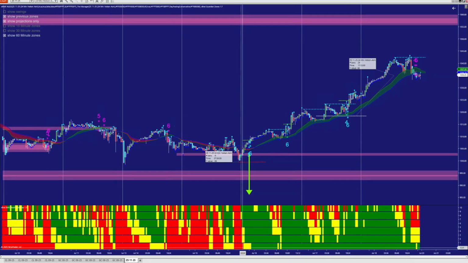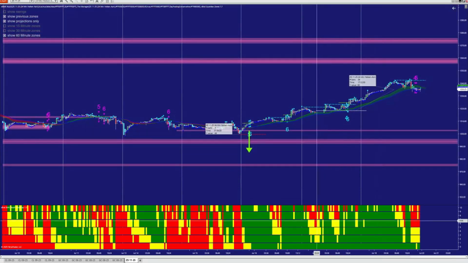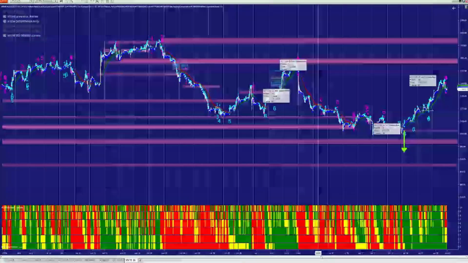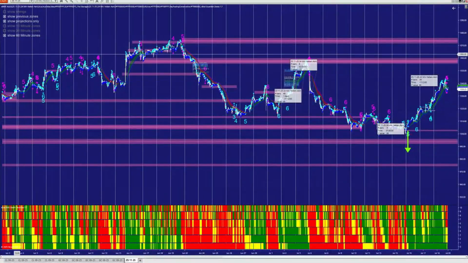Okay, so on this chart there's different bits of software. Down below is the bias depth heat map, which is our confirmation tool. These little pink zones that you see horizontally, that's our Guardian zones. They're totally automatic support and resistance zones, and that's a 60-minute zone there.